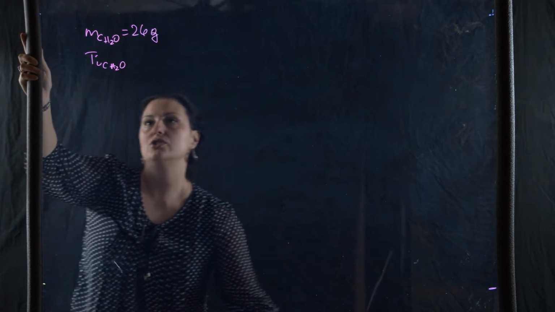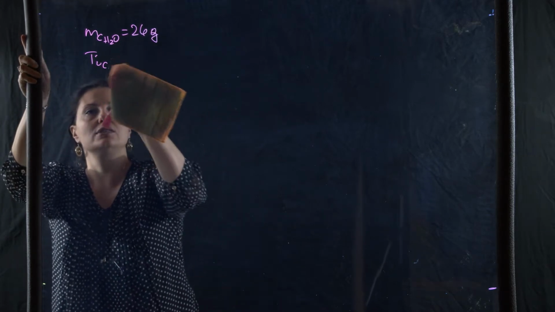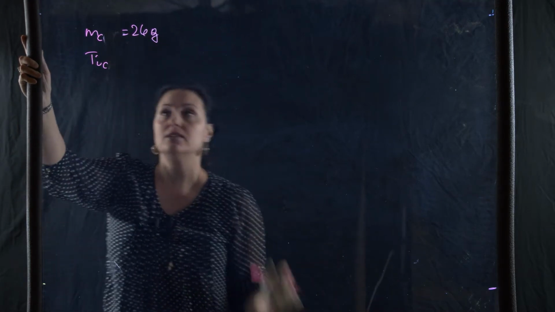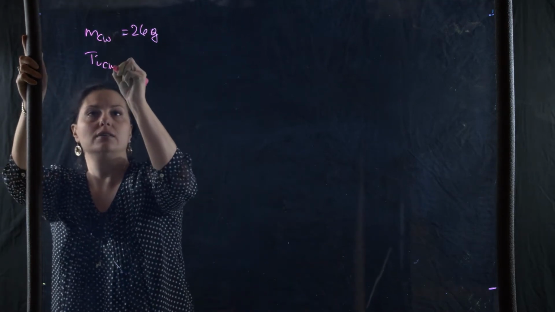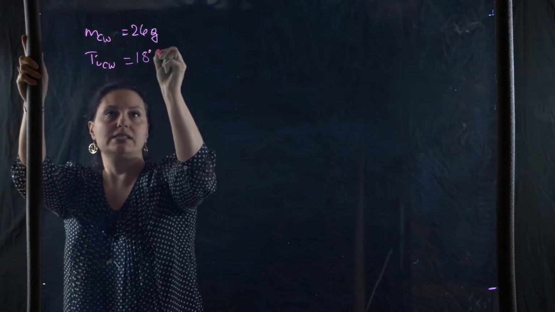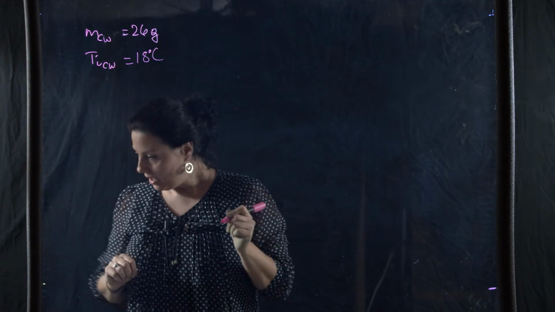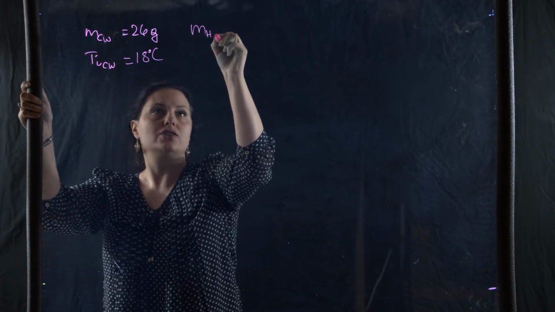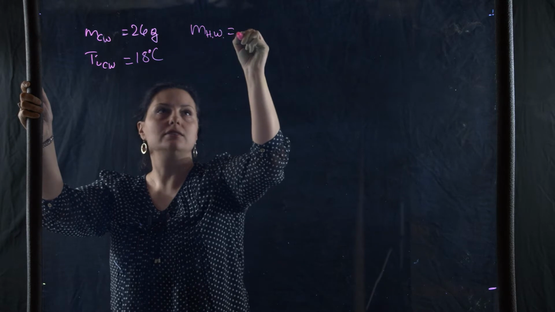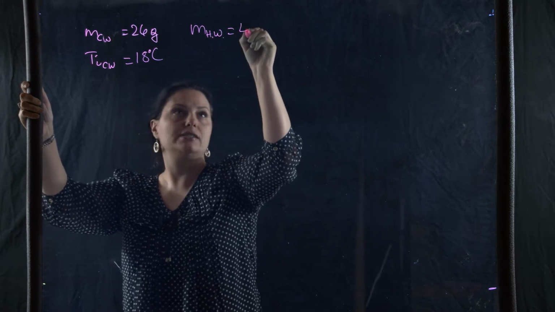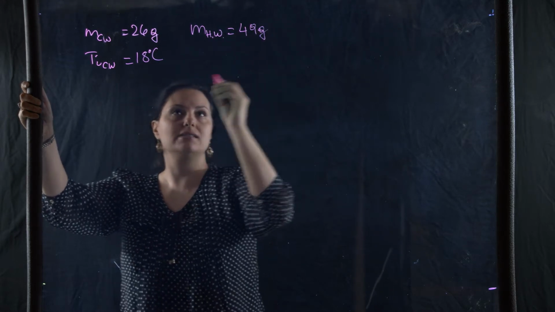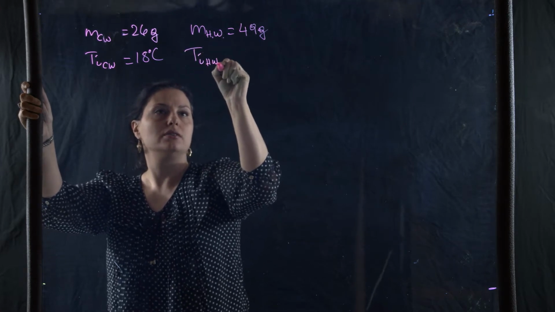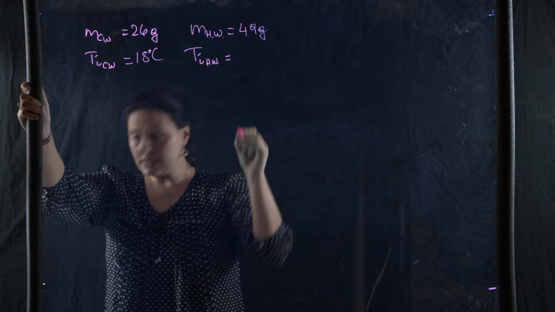I am going to use W instead, just to make it easier for myself. So cold water is 18 degrees Celsius. And I mix it with hot water, so HW, at 49 grams, that's my mass. And the initial temperature of that hot water is 70 degrees Celsius.